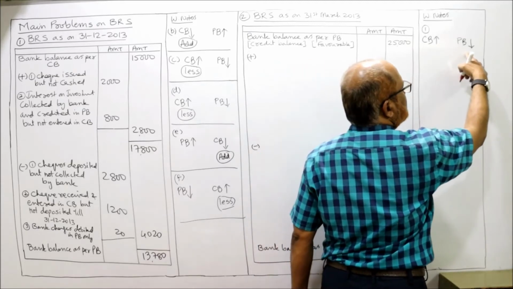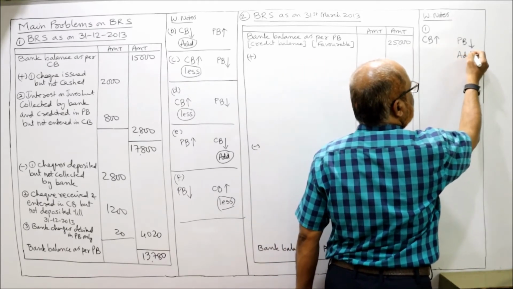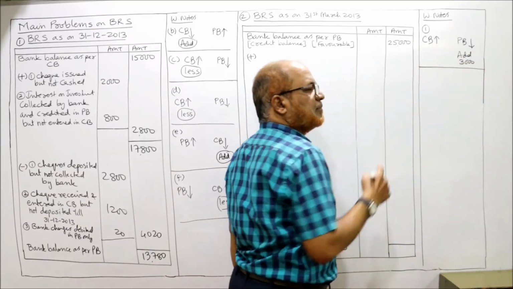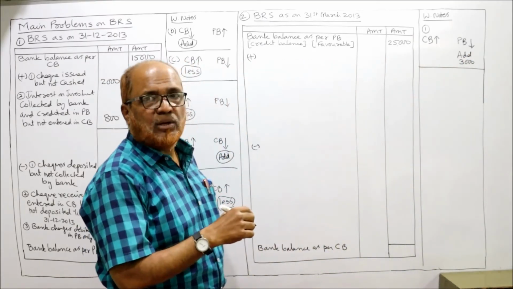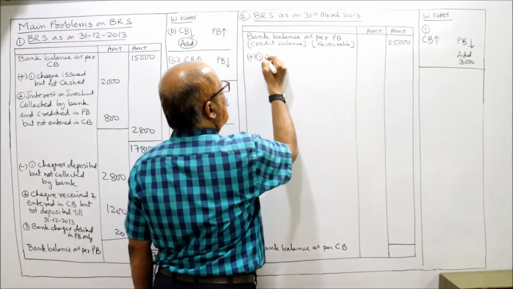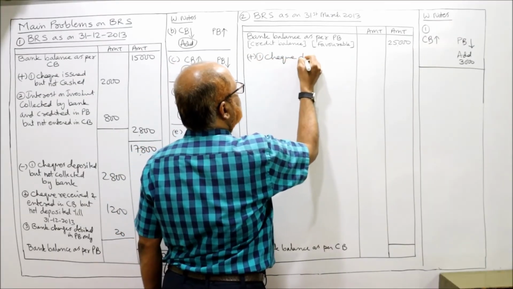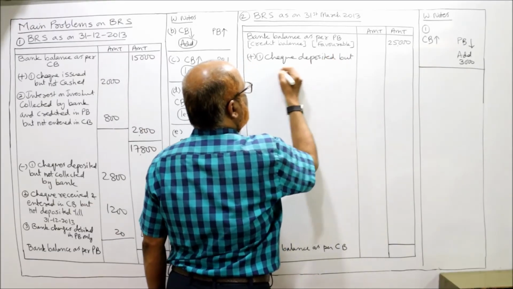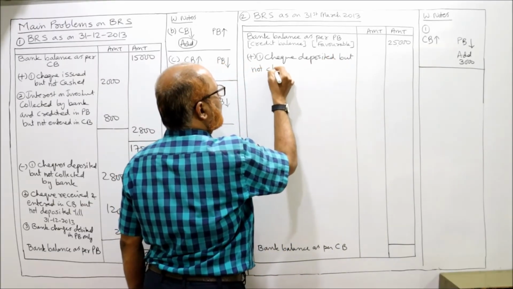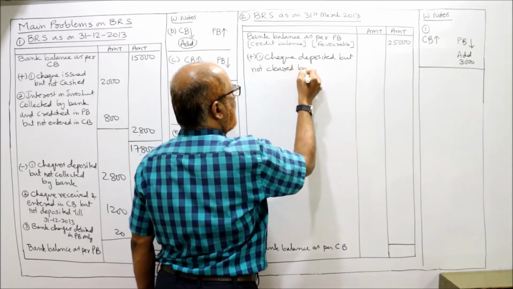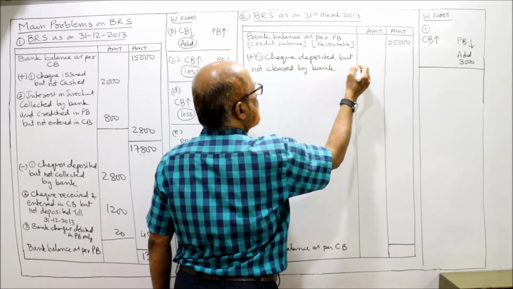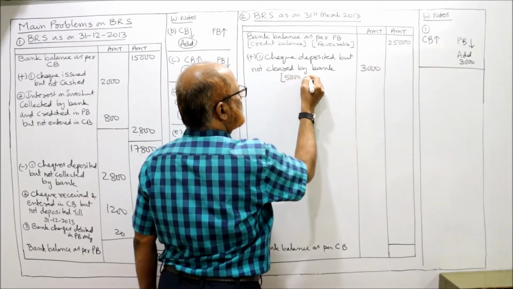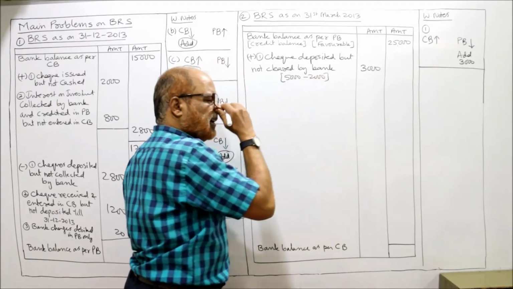Passbook balance is showing less, so we have to add. How much do we have to add? 3,000. So addition: check deposited but not cleared by bank, 3,000. 5,000 minus 2,000, as 2,000 are cleared.